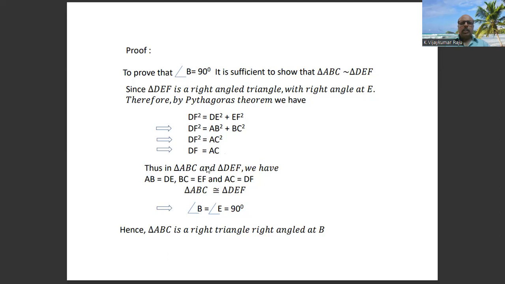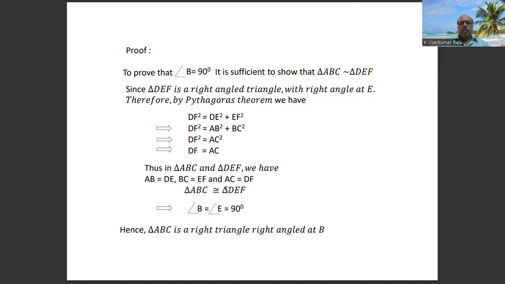Now let us take the two triangles, triangle ABC and triangle DEF. AB is equal to DE, which we have constructed. BC is equal to EF by construction. And AC is equal to DF because we have proved that. So all three sides of both triangles are equal. Therefore, these two triangles are congruent.